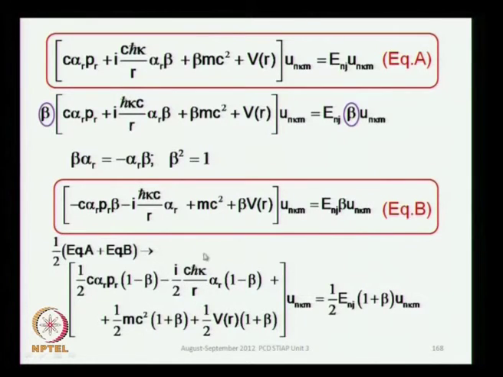So, if you put the two terms together, you get minus i over 2 c h-bar kappa over r alpha r (1 minus beta), right. And you do the same with the remaining two terms. So, now you see terms in (1 plus beta) and (1 minus beta) coming in, and we have to see how this function u is going to respond to (1 minus beta) and (1 plus beta).